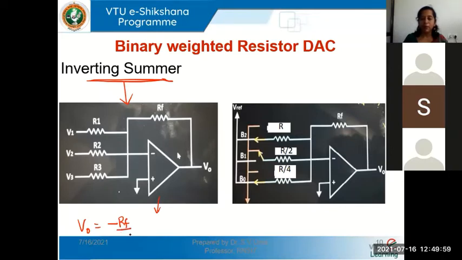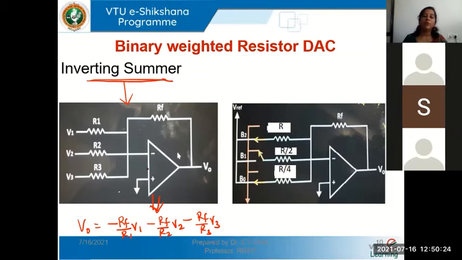Since I'm giving the inputs to the inverting terminal, it will be minus RF by R1 into V1, minus RF by R2 into V2, and minus RF by R3 into V3. This is the output of our inverting summing circuit, right? We have already derived this in the previous module.